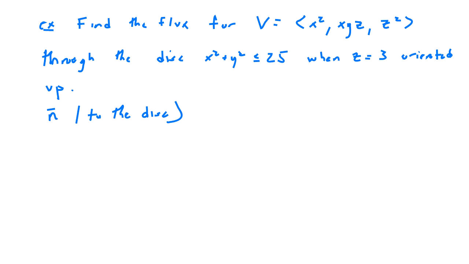Because we have a flat surface, so unlike the last one where the normal is changing depending on where we look, since this is flat, the normal vector is going to be the same everywhere on the surface. And here, since it is parallel to the xy plane, what is the normal vector? Does anyone see it?